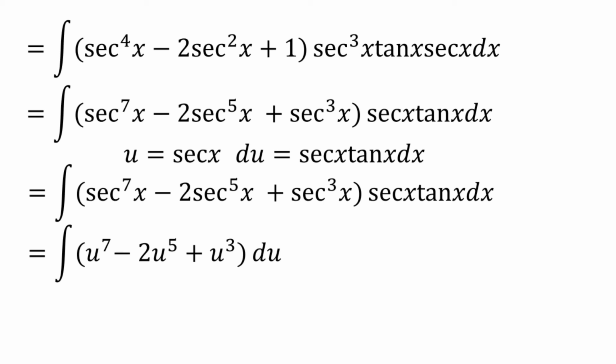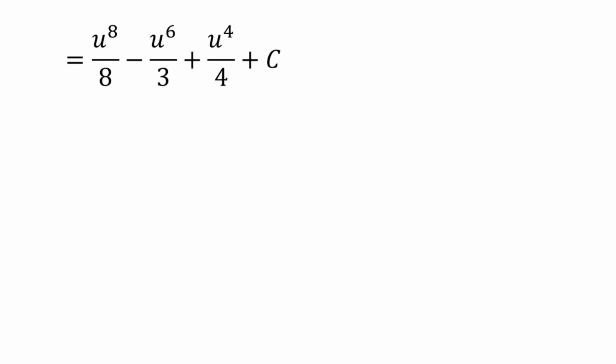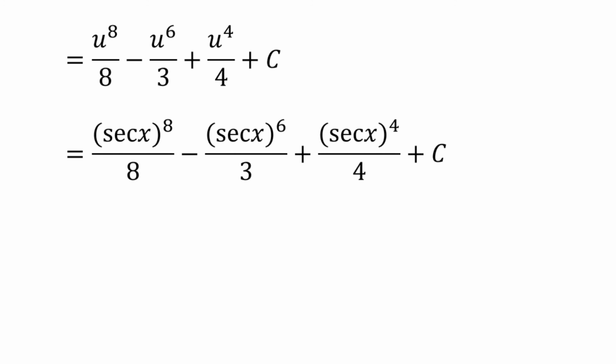Applying the basic principle of integration, we're going to have equals u to the 8 over 8 minus 2u to the 6 over 6 plus u to the 4 over 4 plus c.